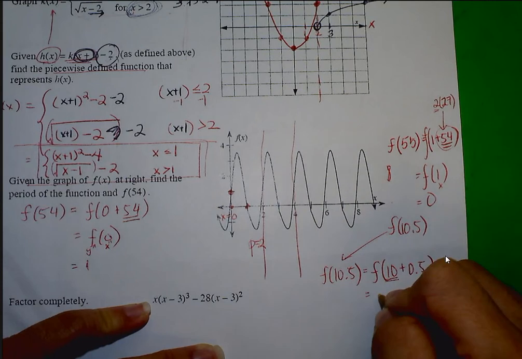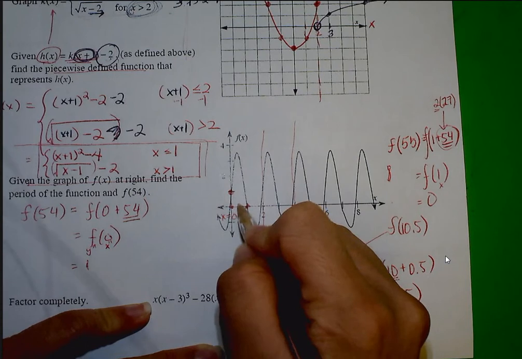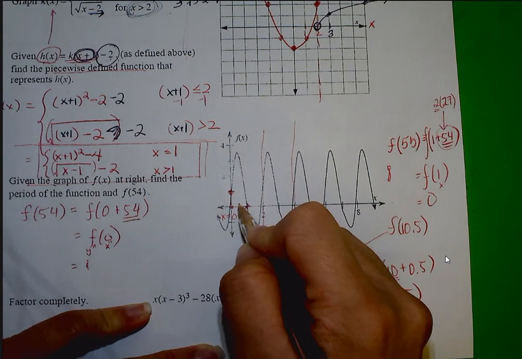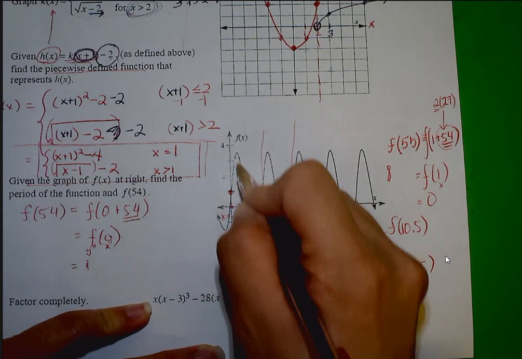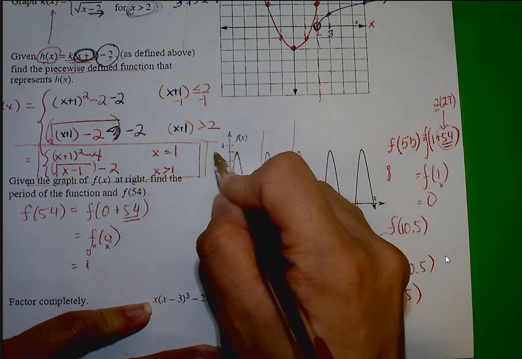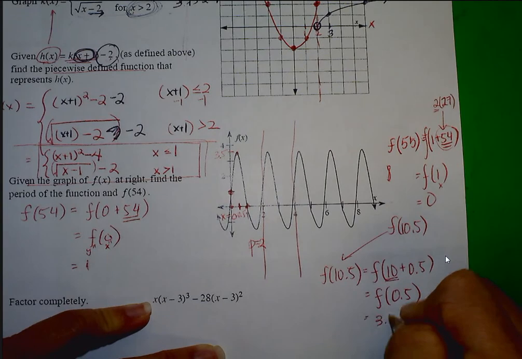So it's the same thing as f of 0.5. Here's 1, so half, 0.5, is right here. Where does my graph land? Right here, which is 3.5. So f of 0.5 is 3.5. Okay?